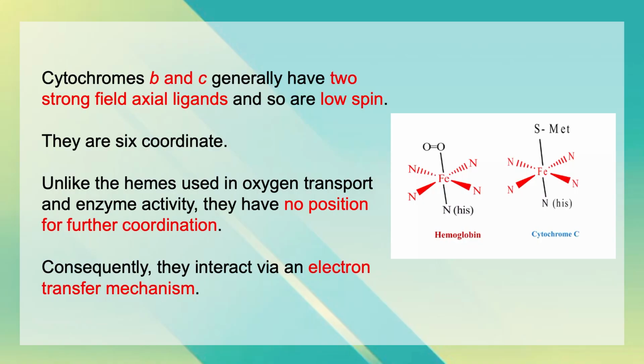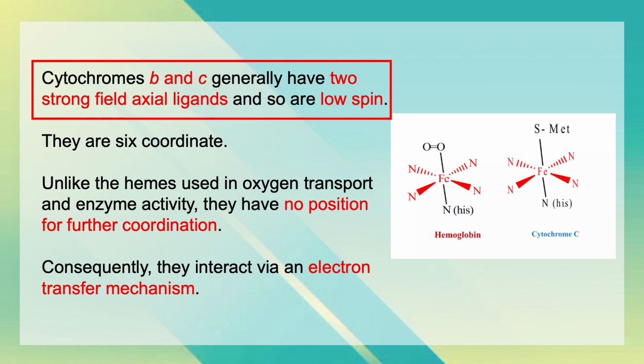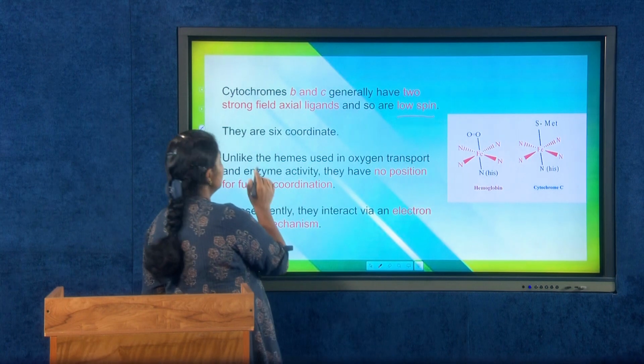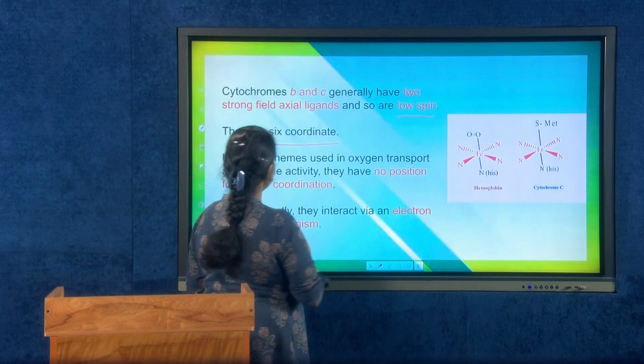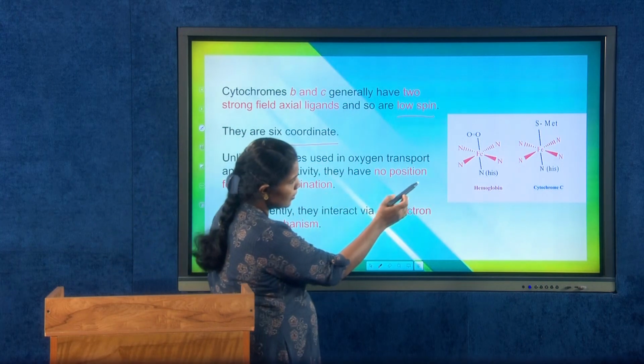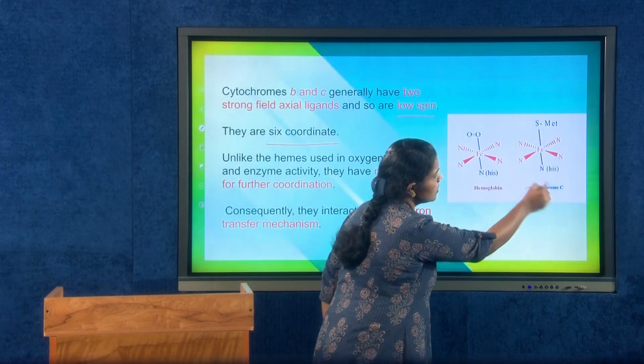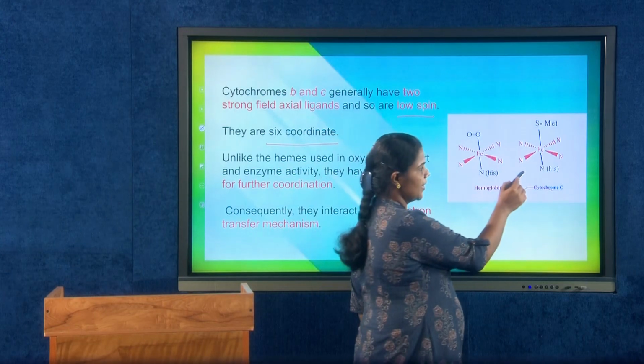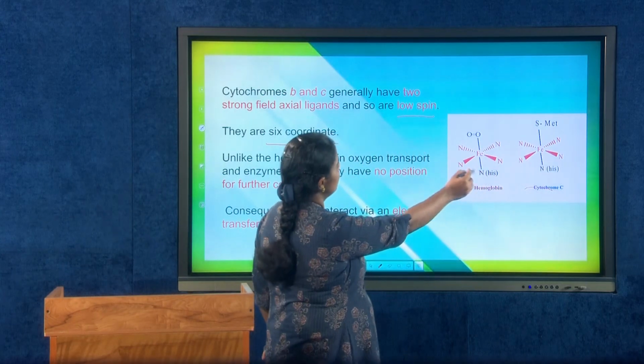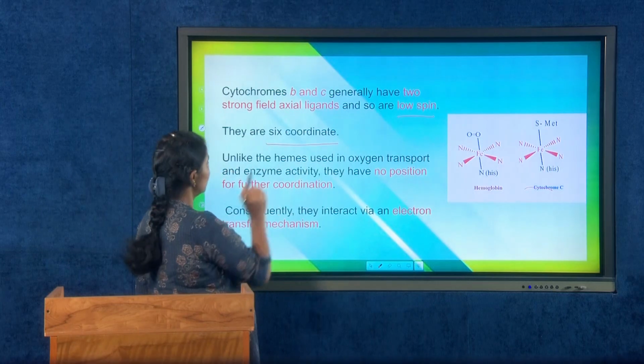Now, we are going to see the structure of the cytochromes. First, we can see that cytochromes B and C have two strong axial ligands and they are low spin. They are 6 coordinated. You can see the picture of cytochrome C. It is 6 coordinated and it has a low spin.